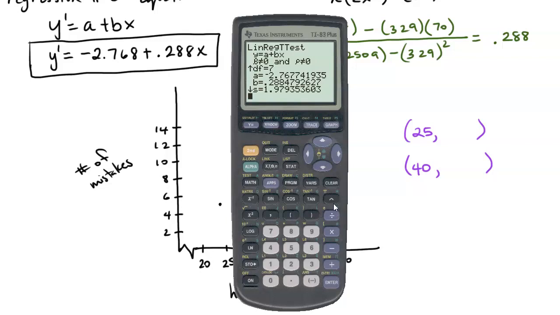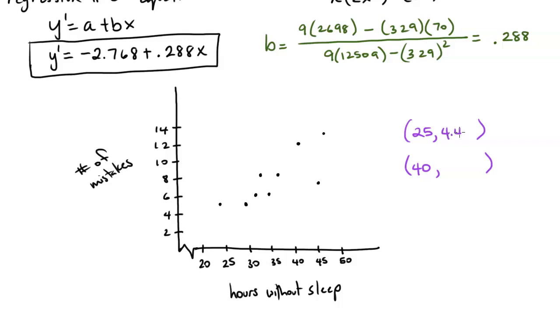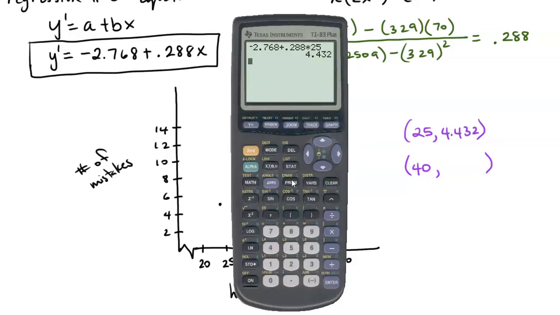So we have negative 2.768 plus 0.288 times 25, 4.432. That's our output.